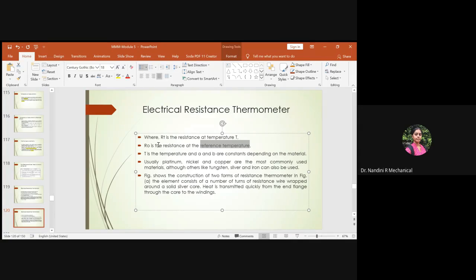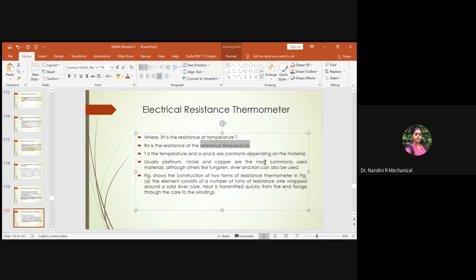You should always have one reference temperature to know how the resistance is changing. You cannot blindly raise the temperature without knowing the reference temperature and the resistance value. T is the temperature, and A and B are the constants I told you, which depend upon the material you are selecting.